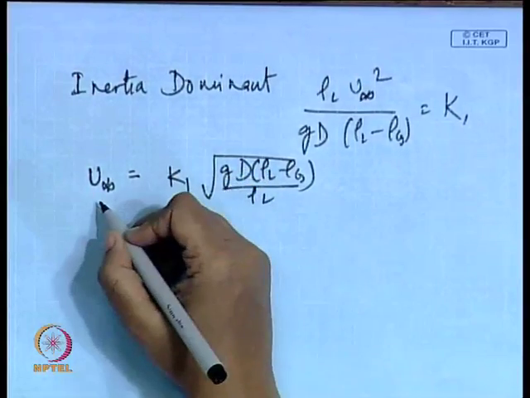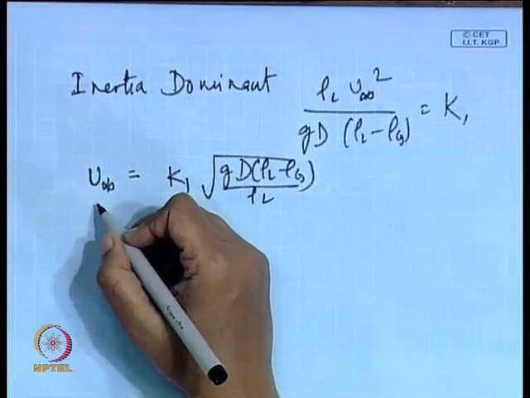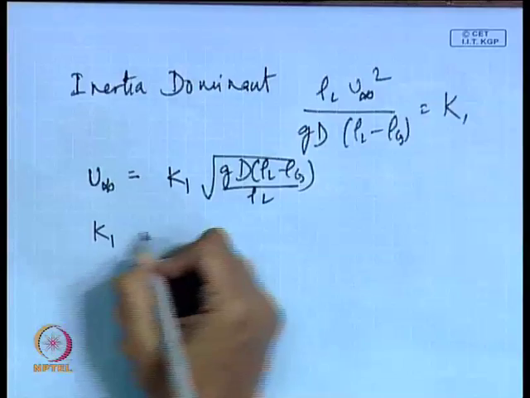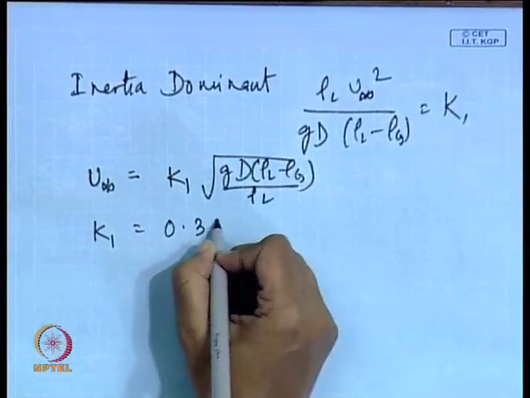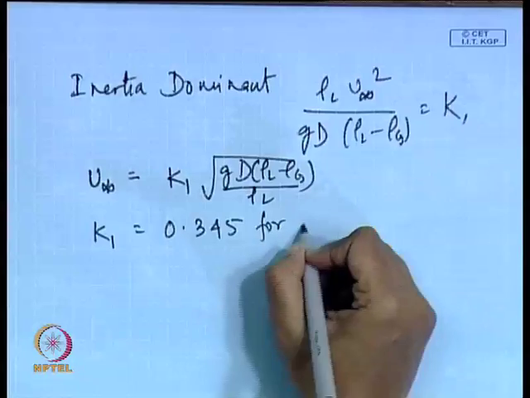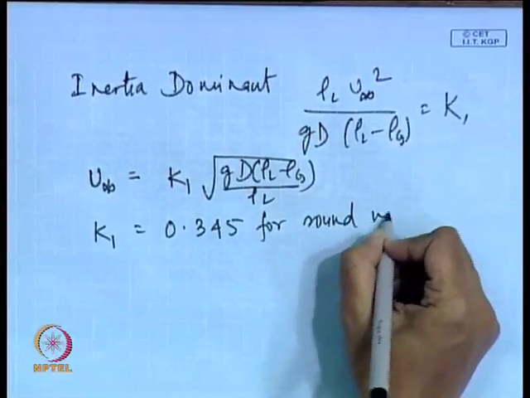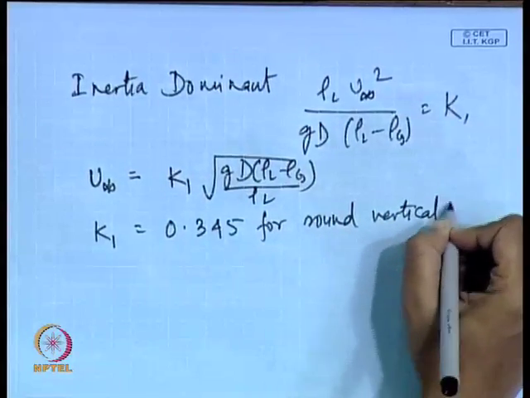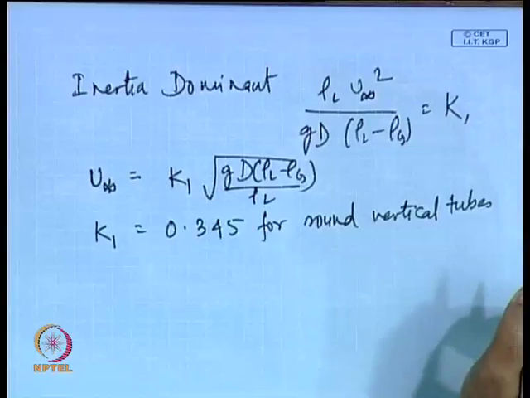Unless you know K1, you cannot find u infinity. People have found that K1 is a constant, and for round vertical tubes a value of 0.345 can be taken. Naturally, this value of K1 should depend upon the conduit shape. For round vertical tubes it is 0.345.